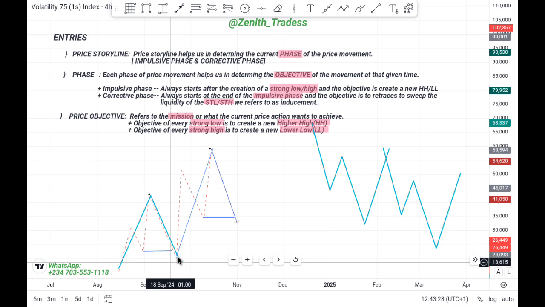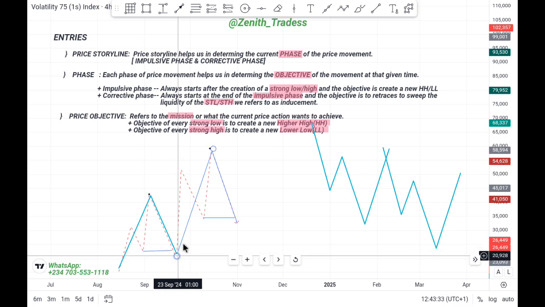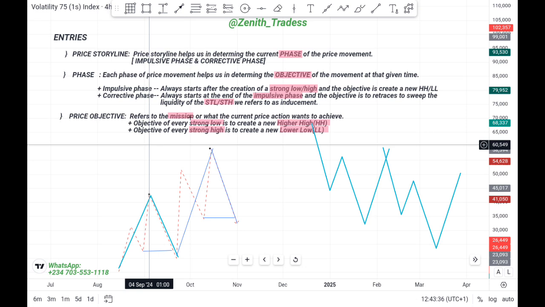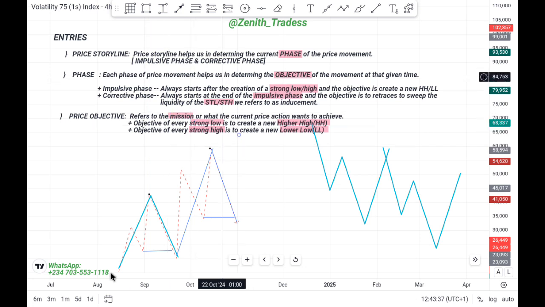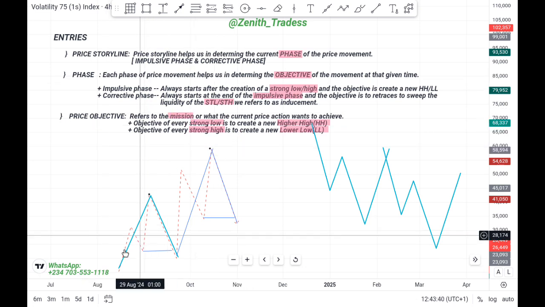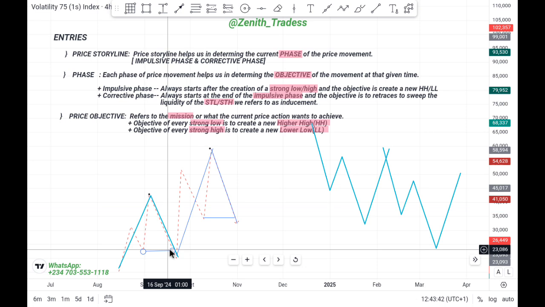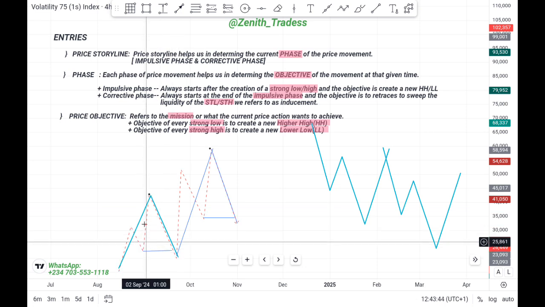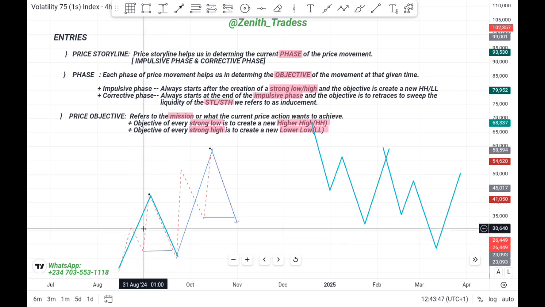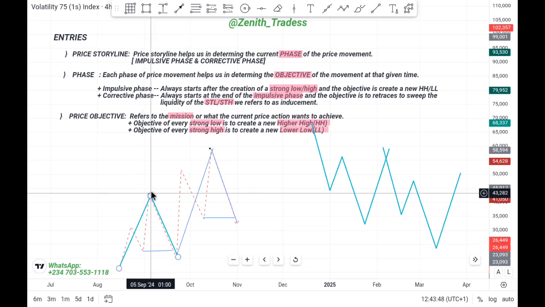For those that have watched the video, I can also frame my entry using a reclaim block, right? So that is the price storyline. The storyline gives you the phases, the impulsive or the corrective phase. And from knowing that this is the current phase I am in, an impulsive move, I'm anticipating a major high, right?